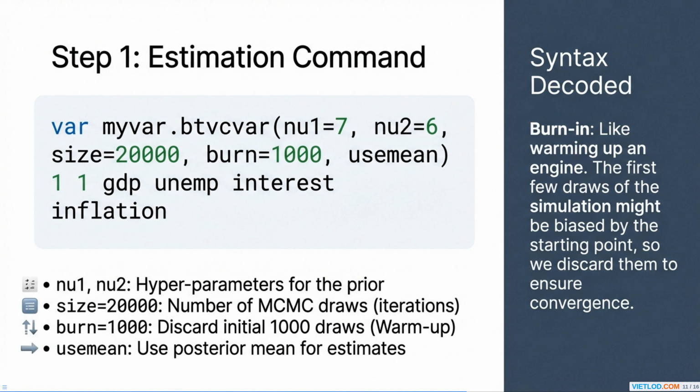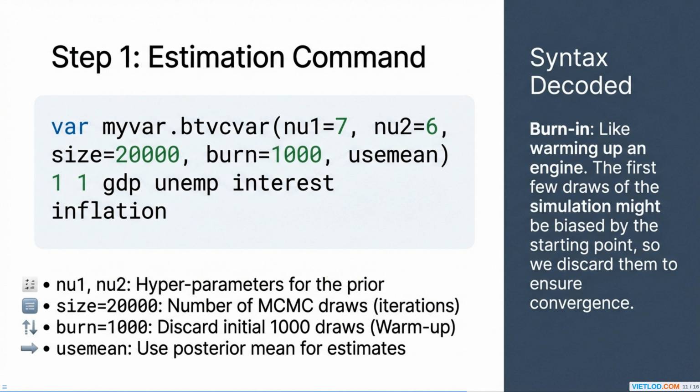A higher number leads to more accurate estimates but takes longer to run. Burn equals 1,000 sets the burn-in or warm-up period. The initial draws of the simulation can be biased by the starting values, so we discard the first 1,000 to ensure the results reflect the true posterior distribution. Use mean tells EViews to use the mean of the posterior draws as the final point estimate for the coefficients.